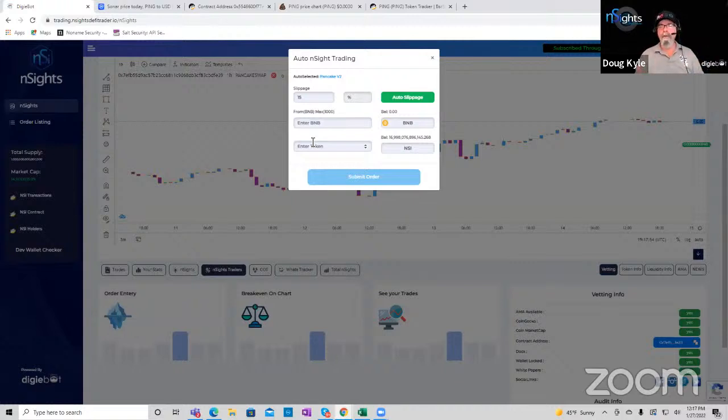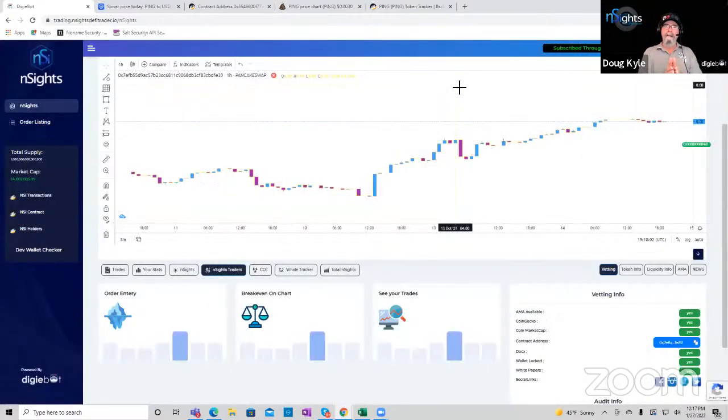That can also be done with the free version of nSights. It's important that we don't limit anybody from rescuing tokens simply because they're not paying for nSights. They can still participate.